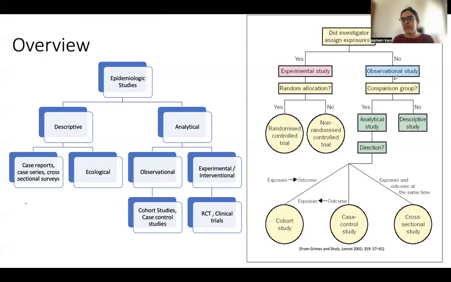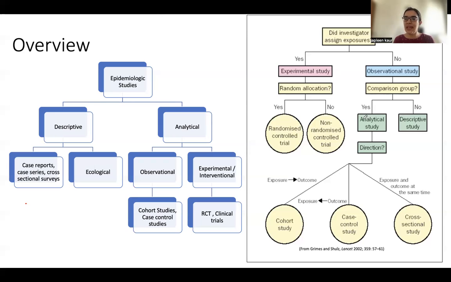Under an observational study, if there is a comparison group, it is called an analytical study, because we can make associations and correlations only if we have a comparison group which does not have that exposure. But if all cases of hypertension are being studied for development of CAD or not, and there is no comparison group like non-hypertensive patients, then it becomes a descriptive study.